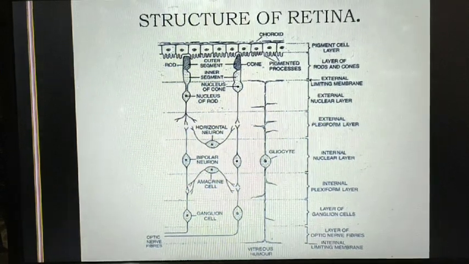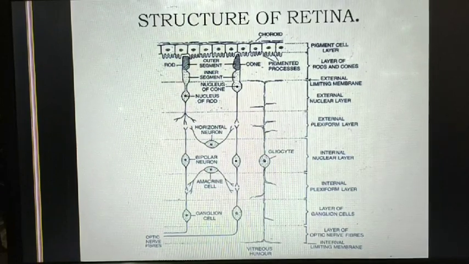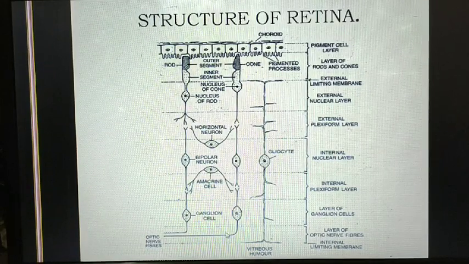So next one is a layer of optic fibers. So this is made up of the axons of ganglion cells that form the optic nerve. The optic nerves are later connected to the brain. The nerve fibers from all parts of the retina converge and leave through a blind spot.